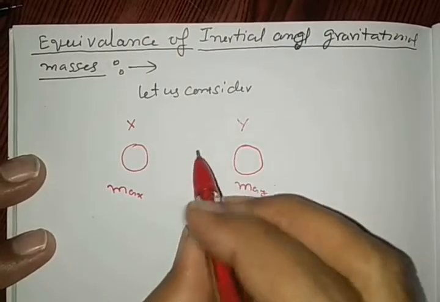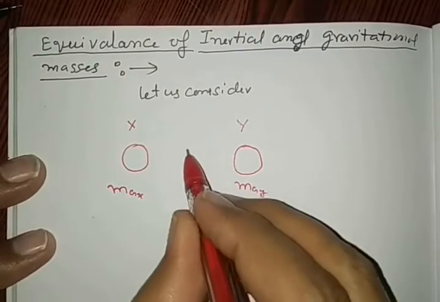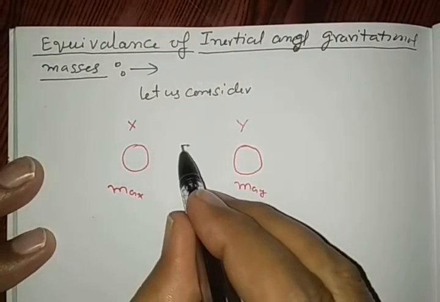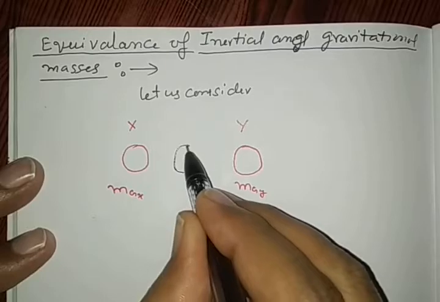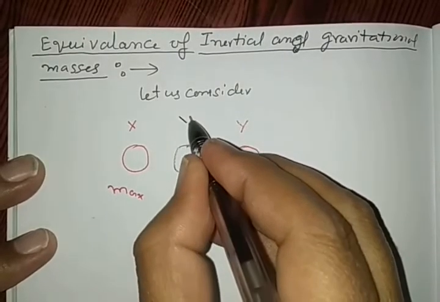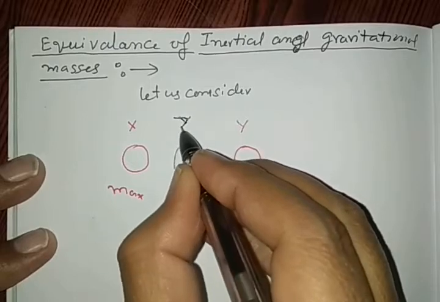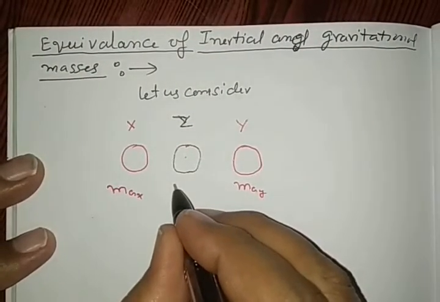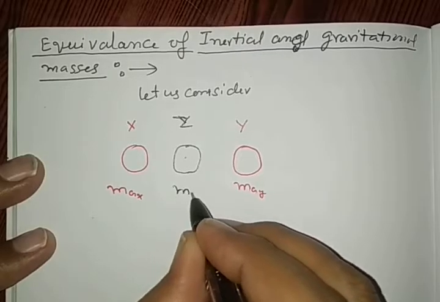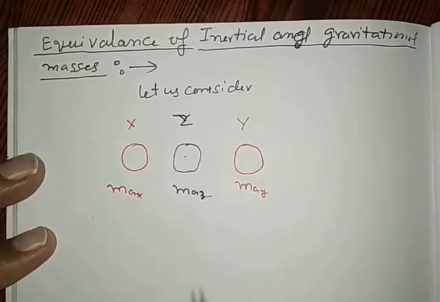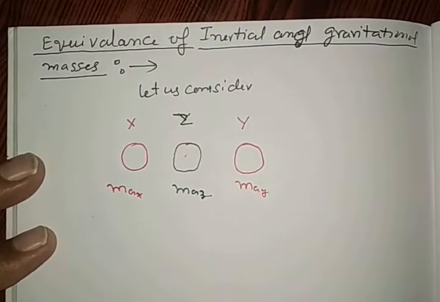Here, in between them, a third identical object is placed. This third one is Z, and its gravitational mass is represented by m_gz in this case.